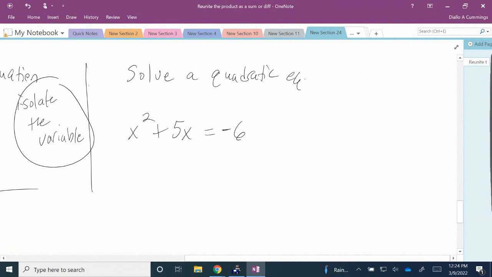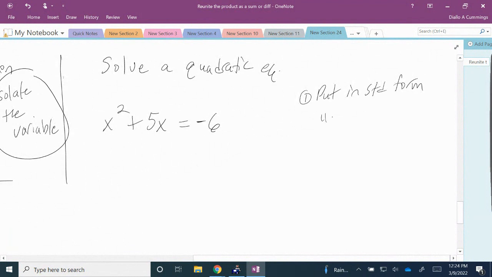In order to solve a quadratic equation, you must first put the equation in standard form. Standard form just means that you have to set it equal to 0. So set equal to 0, and then you want to solve.